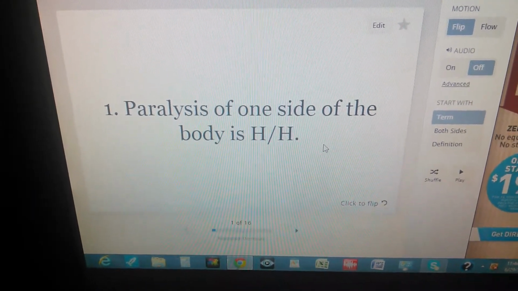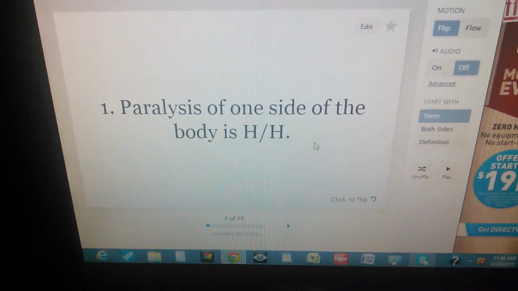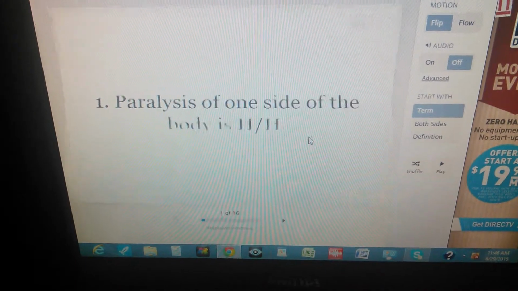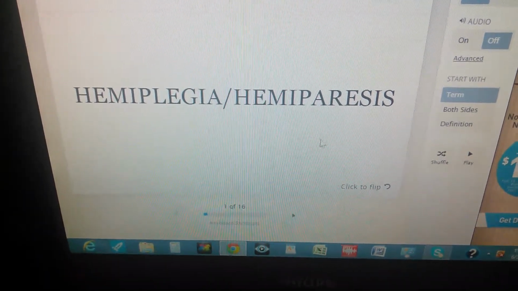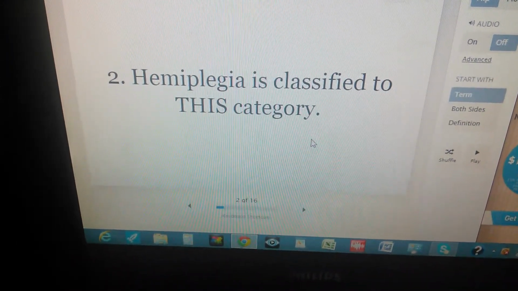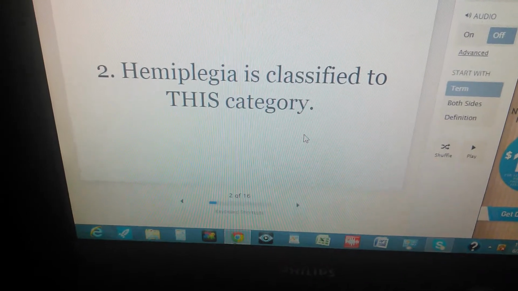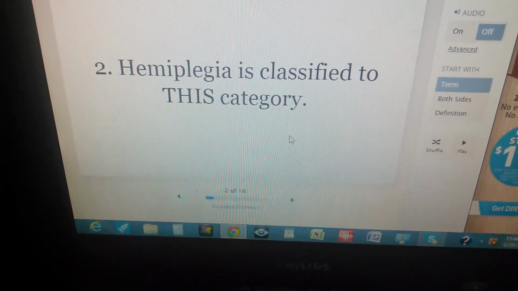Paralysis of one side of the body is HH. Hemiplegia and hemiparesis. Good. Next question. Hemiplegia is classified, we're talking about ICD-10, to this category in ICD-10.